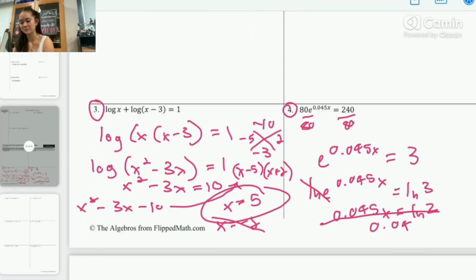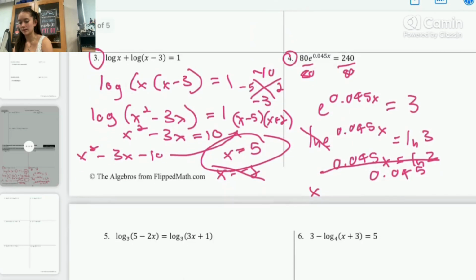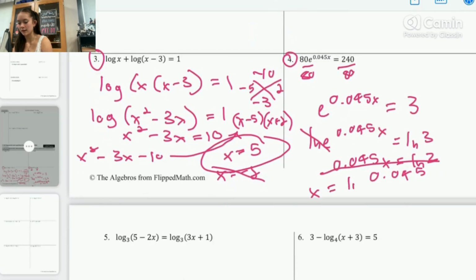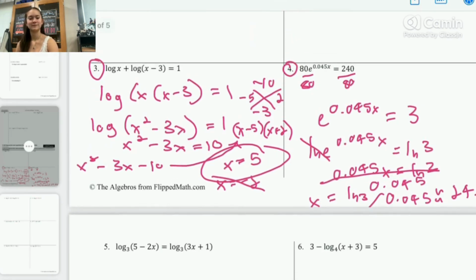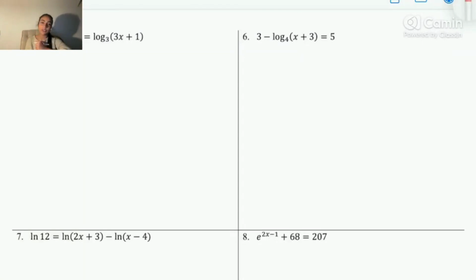Just went completely through, but you know where my process is coming from. And then that's going to leave you with x, scroll up a little bit, x equals ln 3 divided by 0.045, which, if you plug that into a calculator, is going to get you about 24.414.